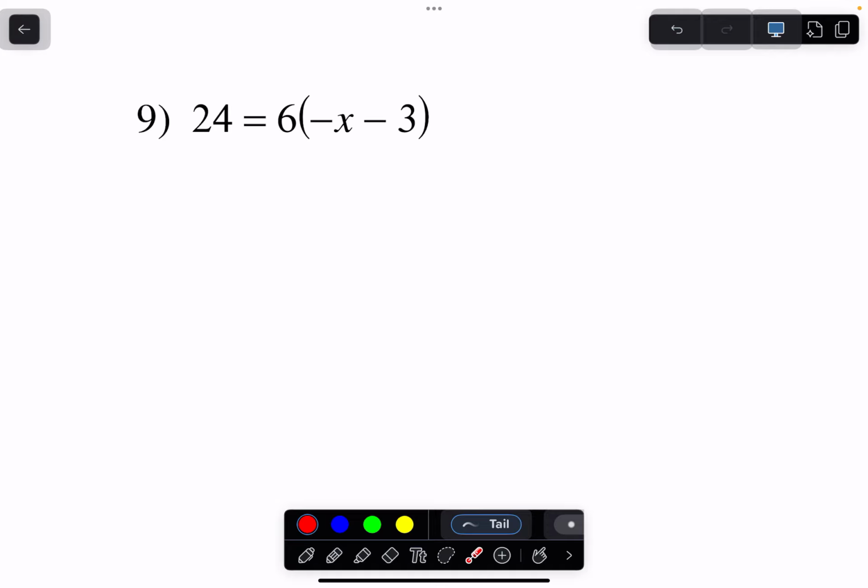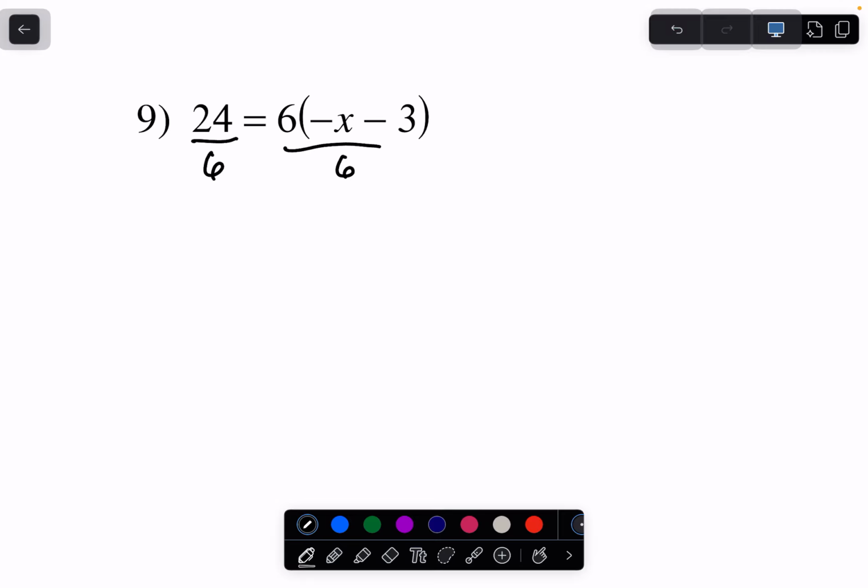Okay, let's take a look at number 9. So when I see this, I just ask myself, can I easily divide by 6 on both sides? If I can, that's the technique I usually prefer. So since both sides are so nicely divisible by 6, I can avoid the distributive property by just dividing off the 6. You're allowed to do that.